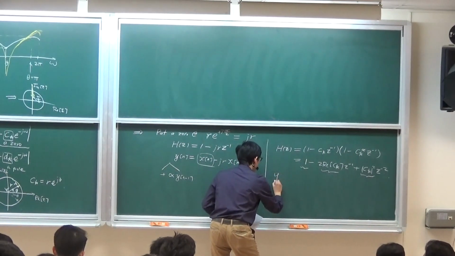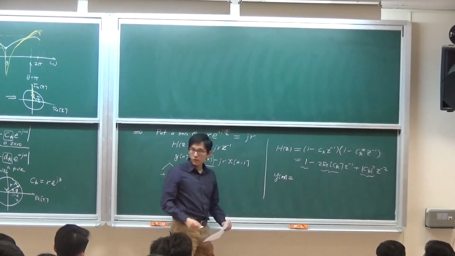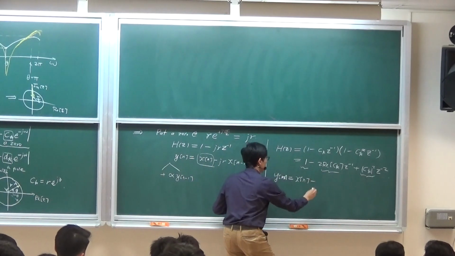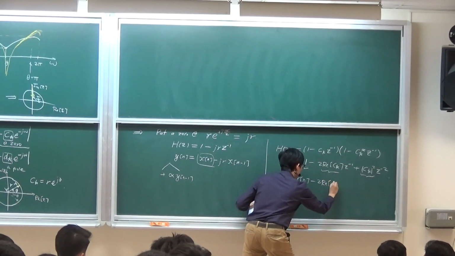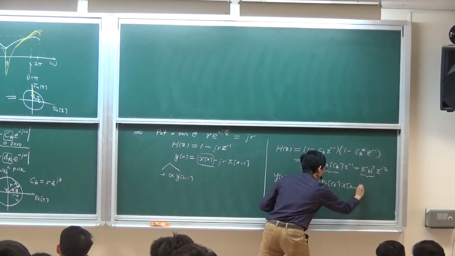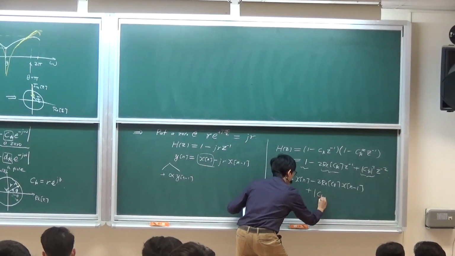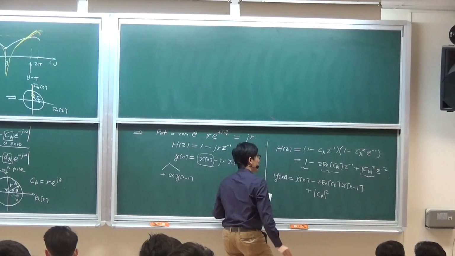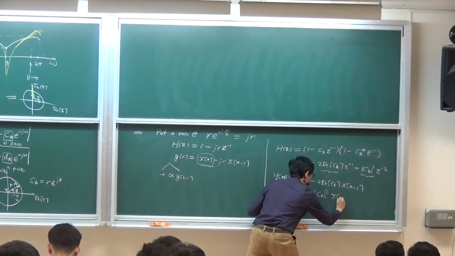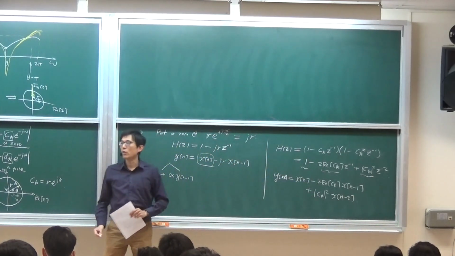Therefore, we can write down the difference equation. We can implement this system by defining y[n] to be x[n] minus 2 times the real part of this complex number, x[n minus 1], plus the square of the absolute value, x to the second sample in the past, second sample ago.